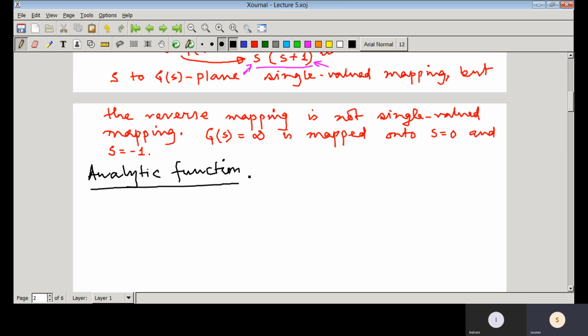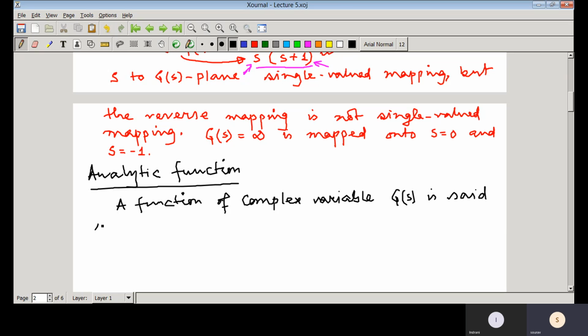So let us just write the definition of function. A function of complex variable gs is said to be analytic in a region of S plane.